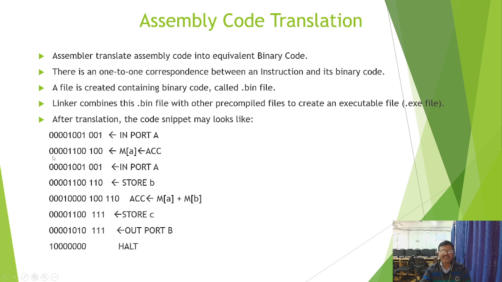Similarly, in the second instruction, we are storing the value from accumulator A to memory location A. That means we are storing the value of the accumulator register to memory location A. So this store instruction is represented as 1100, and memory location A is represented as 100.